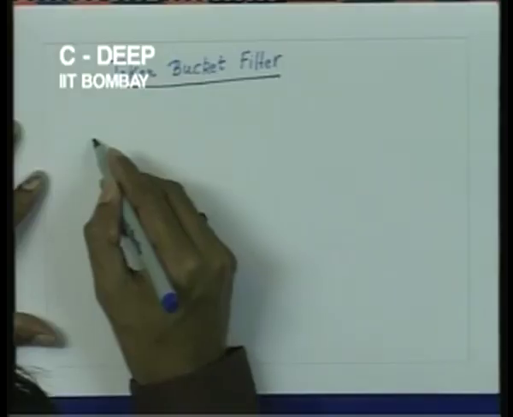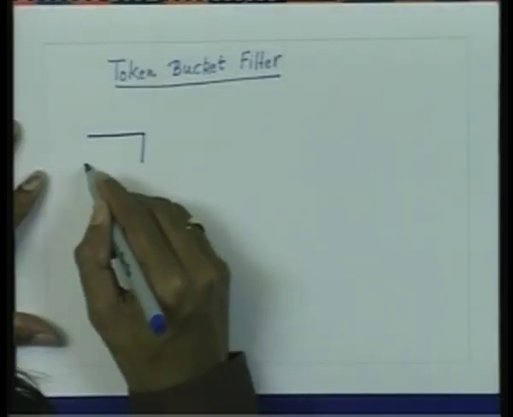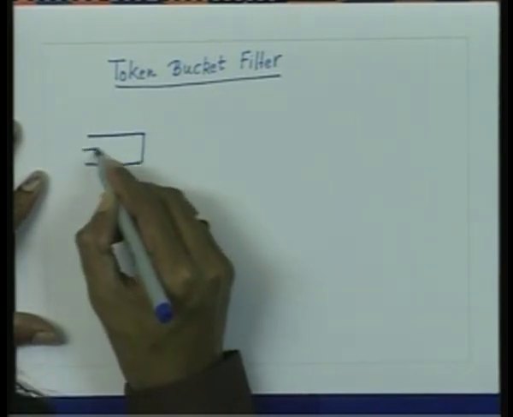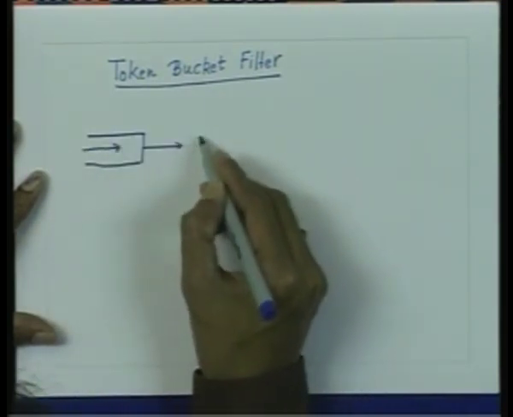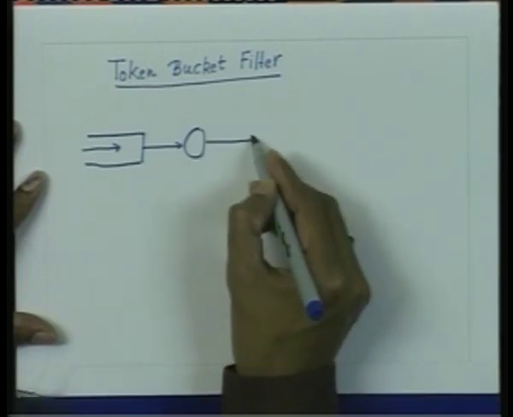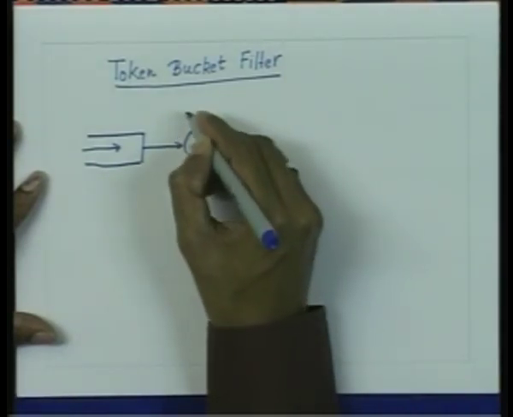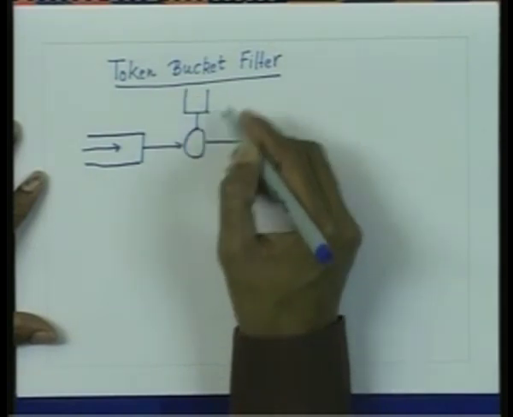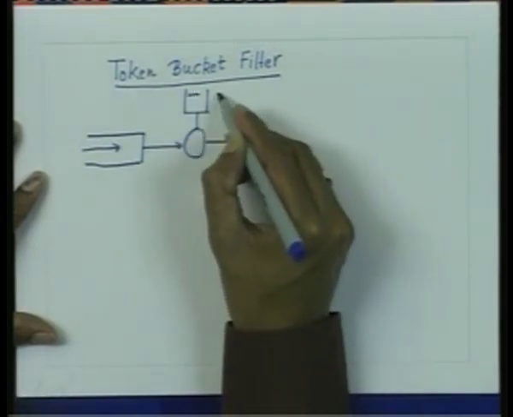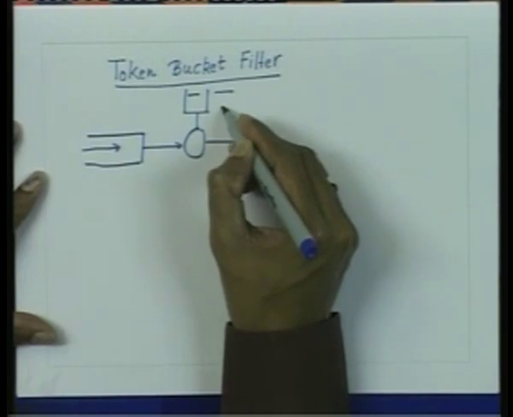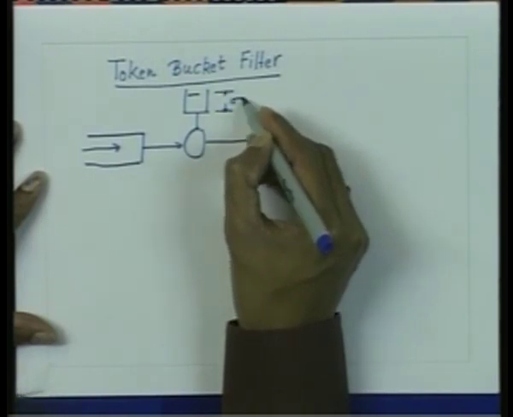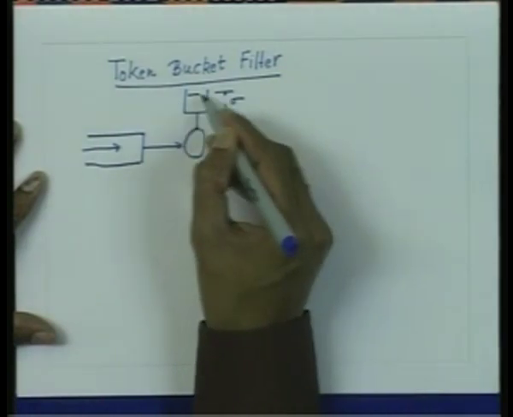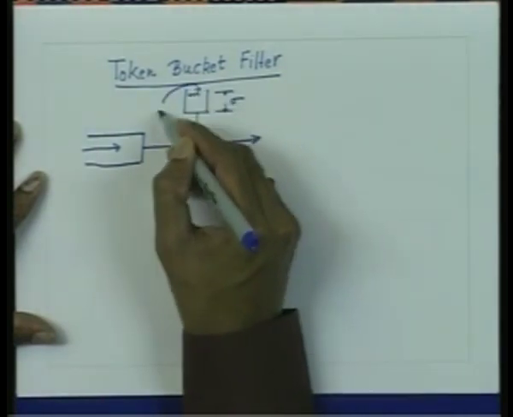Now in the internet world, this kind of traffic descriptor is also called a token bucket regulator. So let me see what the token bucket regulator is. It is very similar to the GCRA T tau that we have considered. Here is a bucket, just similar to the leaky bucket. This bucket has a depth of sigma, and the tokens accumulate into this bucket at a rate of rho.